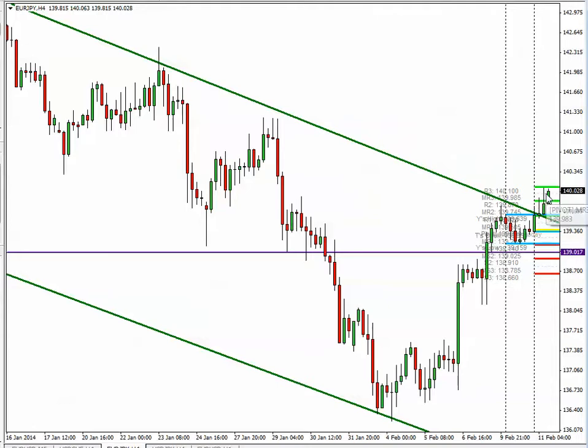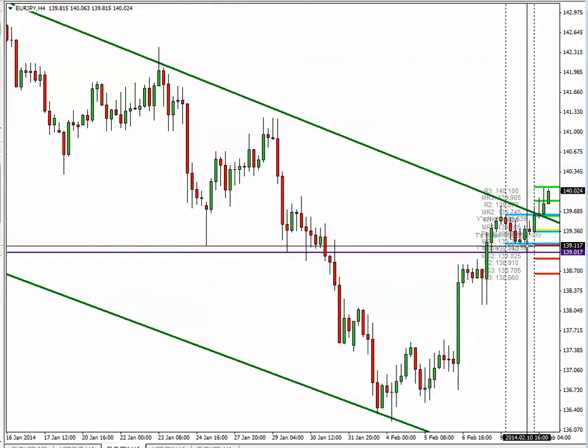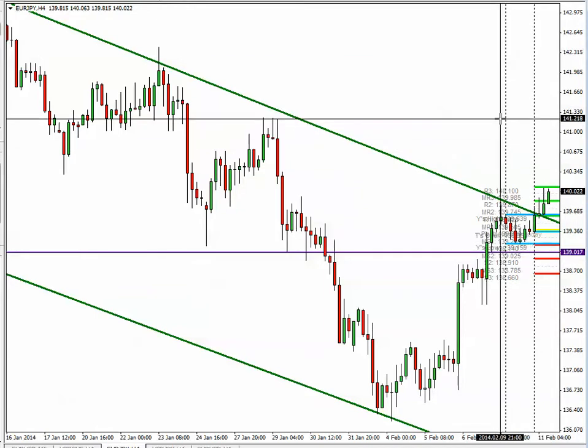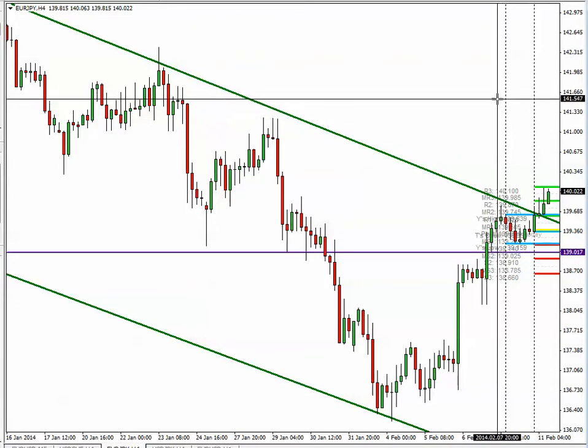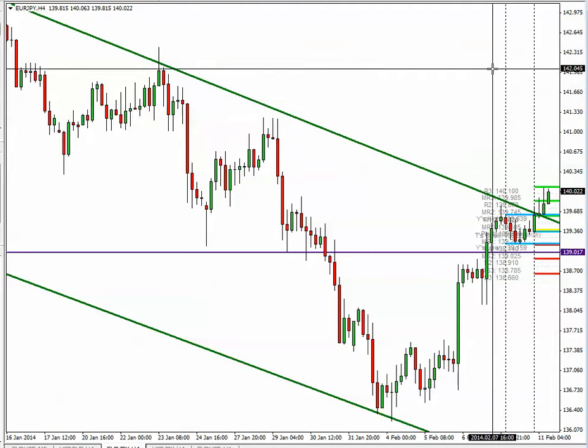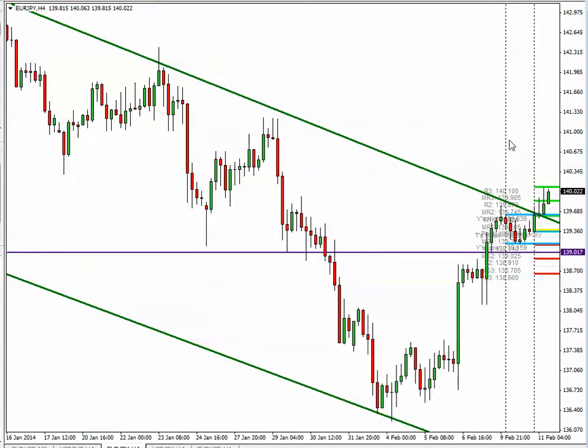We see a probable signal into the 140 area with a protective stop into the 139.15 area. Let me remind you that we see the target running into 141 and the 141.20 fulcrum area, as well as the 141.50 fulcrum area, and into the 142 level. So we have 3 targets for the euro yen, and this is a swing trade for the medium term.